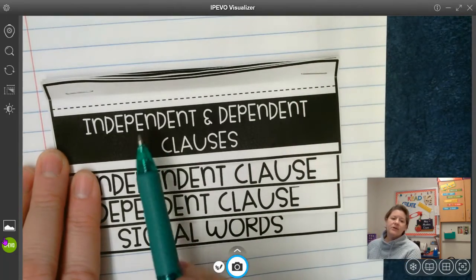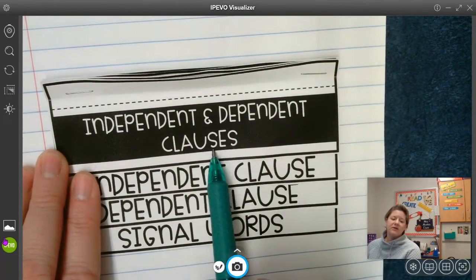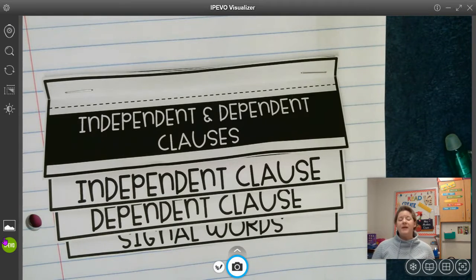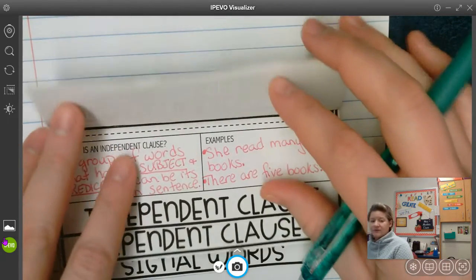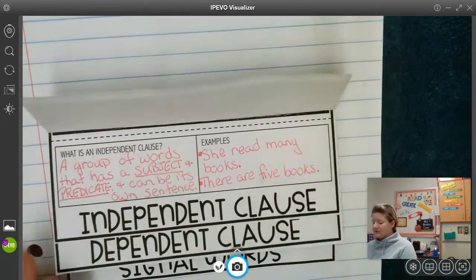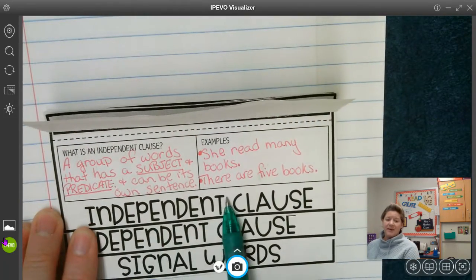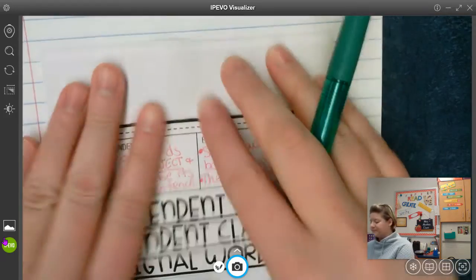Okay, so today we're talking about independent and dependent clauses. It's important to be able to identify a sentence that is independent or a sentence that is dependent, because it's really going to help you out with those compound sentences and using fanboys and conjunctions in a sentence. Okay, so lifting up the first flap, we are going to define what an independent clause is.